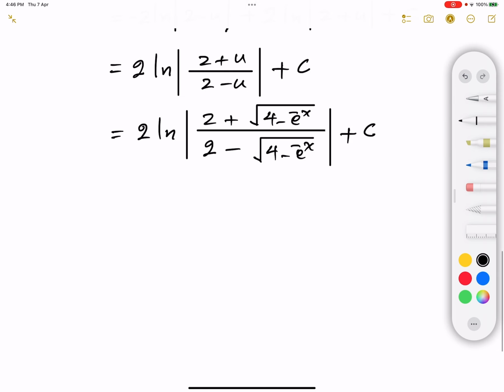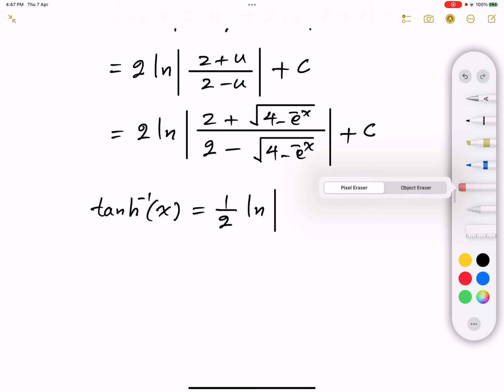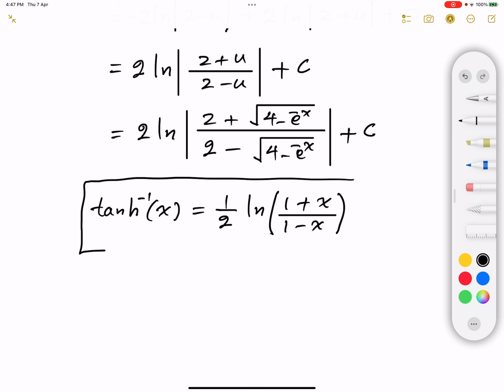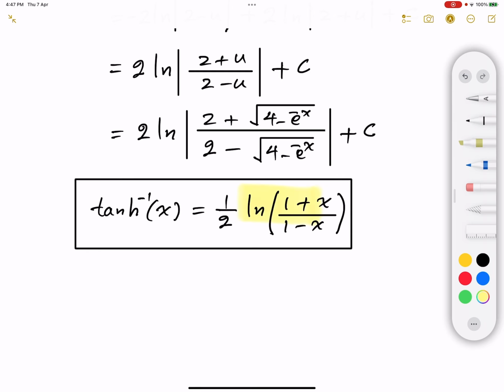Because the inverse hyperbolic tangent of x is nothing but half the natural logarithm of 1 plus x divided by 1 minus x. That's the relationship between the natural logarithm and the inverse hyperbolic tangent.